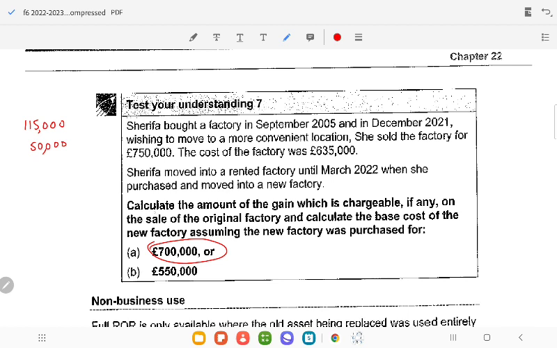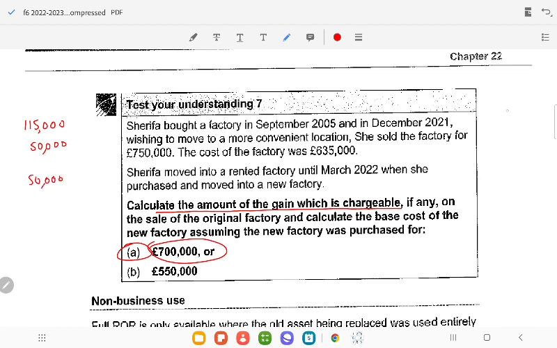The requirement of the question is to calculate the amount of the gain which is chargeable. So in this first part, A part, the full gain is 1,15,000 and the amount not reinvested is 50,000. Whichever is less, 50,000, is said to be the chargeable gain.